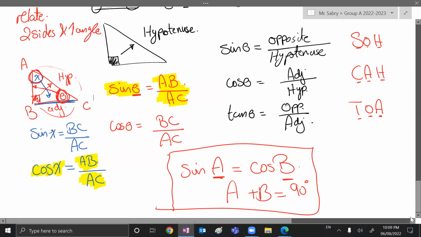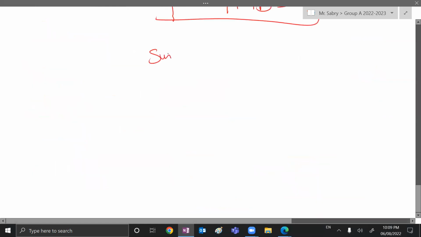So for example, imagine I have sine of any angle, let's say x plus 3, and I told you that sine x plus 3 is equal to 0.7. Now, if I told you that cosine 2x minus 10 is equal to 0.7 as well, what does that tell you?